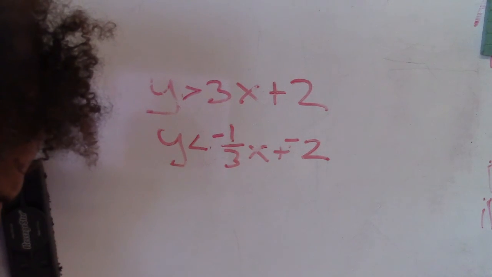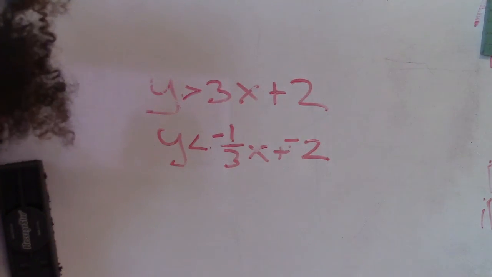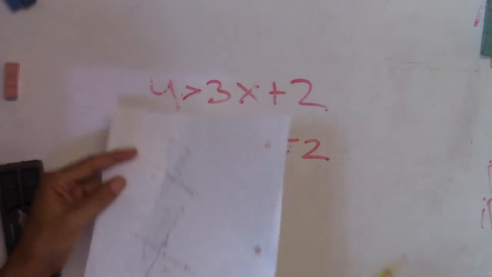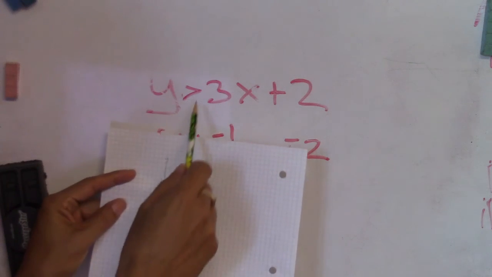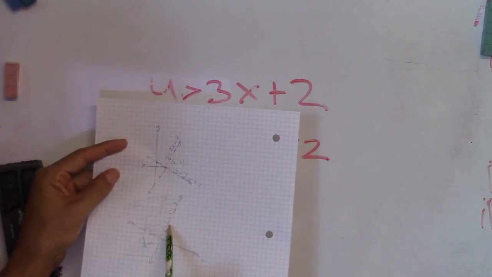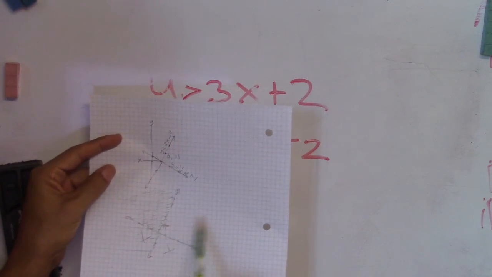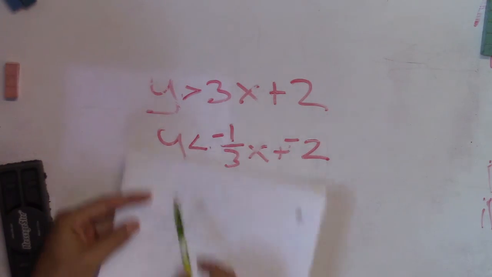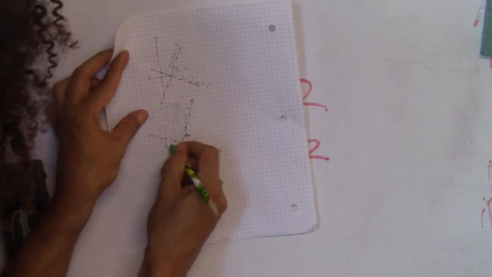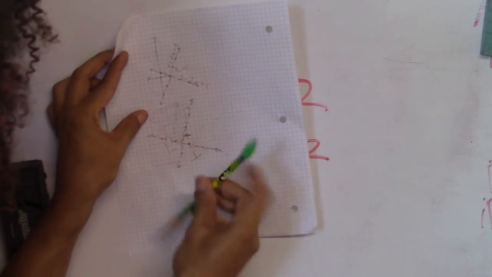Okay, let's see. So now, if I do this, I have this line right here. This is y equals, at the +2. But it's everything on this side, right? And then on this one, everything down here. So I now wind up over here.